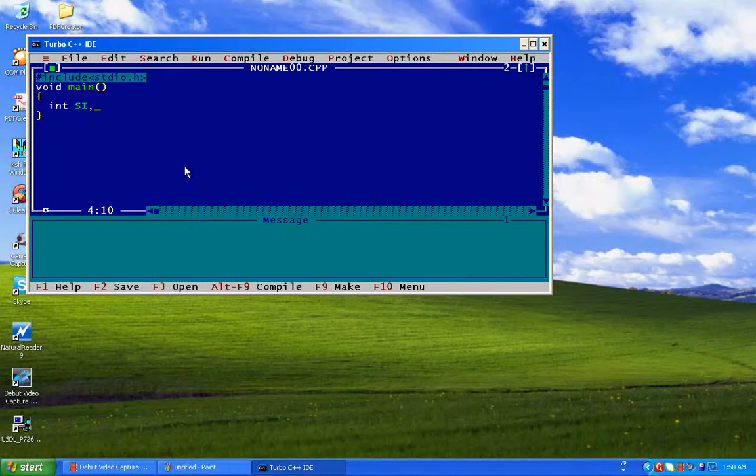Now the user should know what to enter before we are asking or demanding, so we should give a message to him. That's why we'll write a printf line for the user.